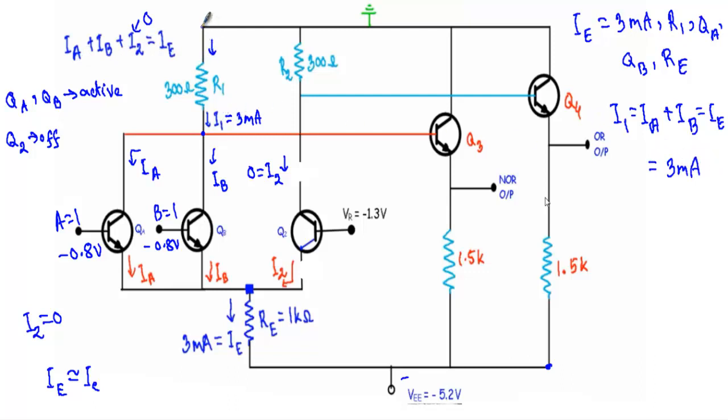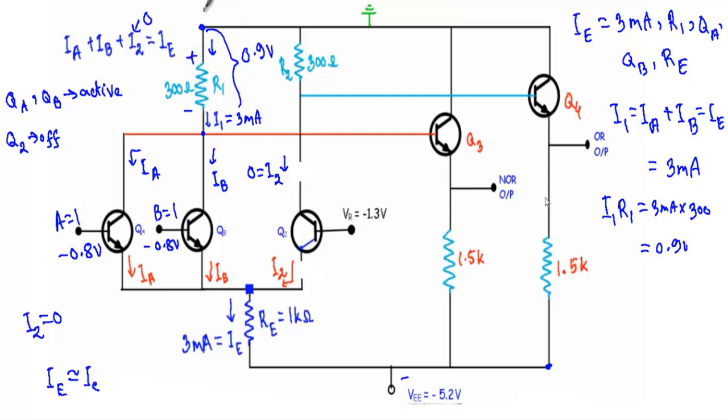Now what will be the voltage drop between this terminal and this terminal? See, I1 will be entering from this direction, so this terminal should be positive and this terminal should be negative. Our I1 R1 drop will be equal to 3 milliampere into 300, which will be equal to 0.9 volt, with this side negative and this side positive.